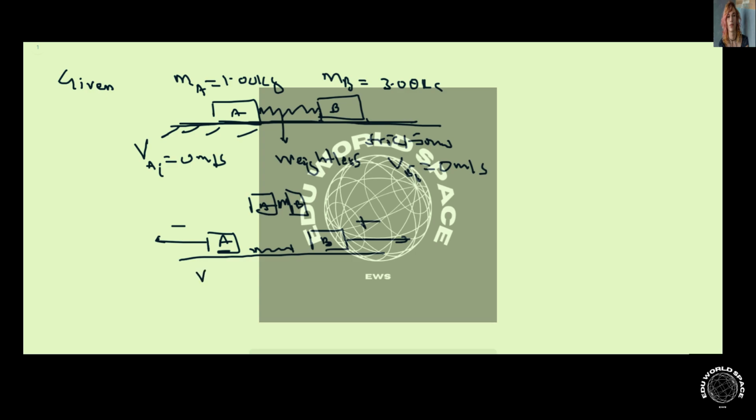The final velocity of A is something we want to find out. We don't know what it is, but we know it's moving towards the left. We're given the final velocity of B as 1.2 meters per second.